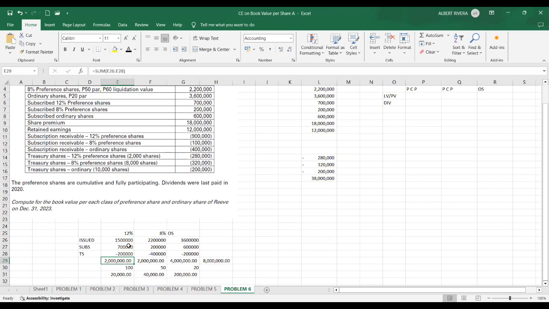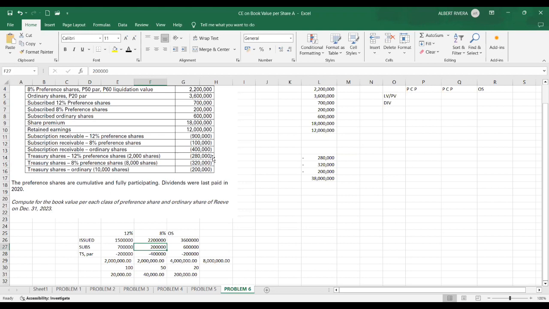Okay? Again, what we need here is the treasury stock at par because our objective is to compute for the aggregate par value. Okay. So here, you have 2.2, 8%. Then we have subscribed. Subscribed 8%, 200,000.